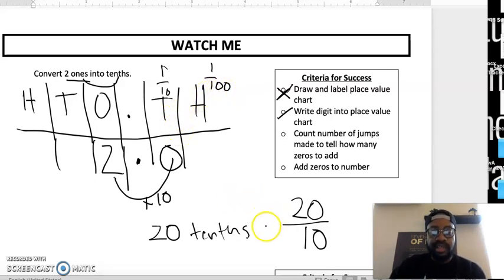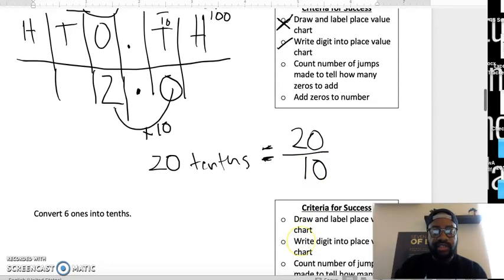So 20 tenths is the same as having 20 in the tenths place. So to move from 2 ones to tenths, I had to count 1 jump and add my 0, which gave me 20 tenths. We're going to do another problem using the exact same strategy.